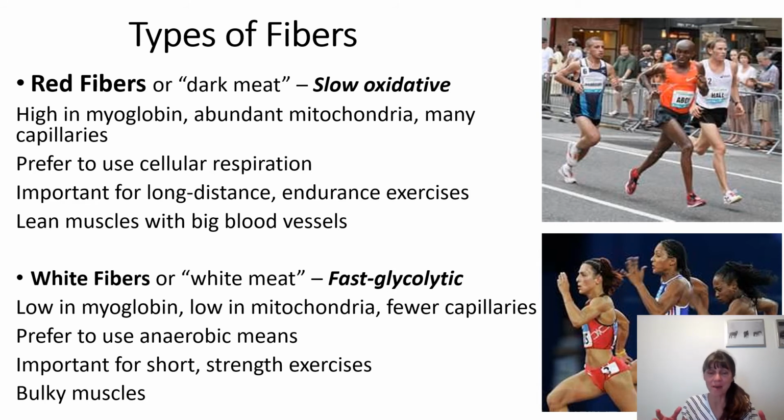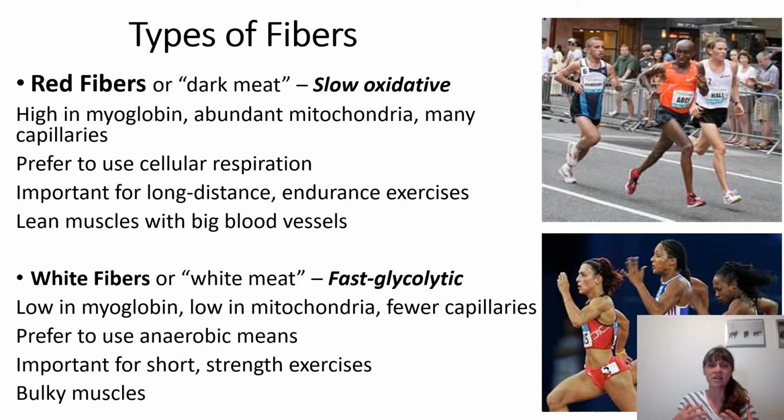They have fewer capillaries because, again, they're not using oxygen as much. These white fibers are going to be more prevalent in people who use their muscles for short strength exercises. The muscles tend to be bulkier, so weightlifters are going to have more white skeletal muscle fibers.